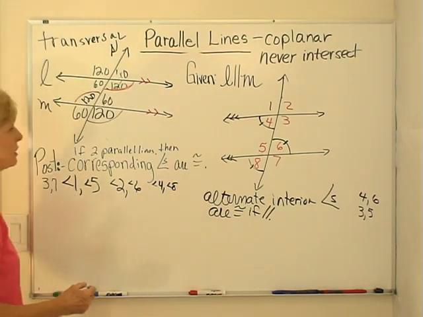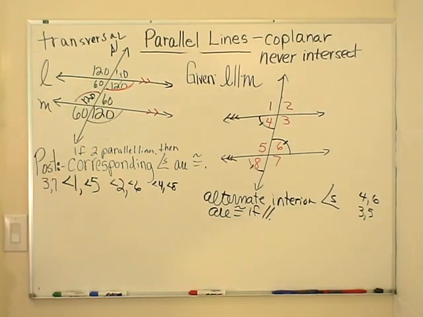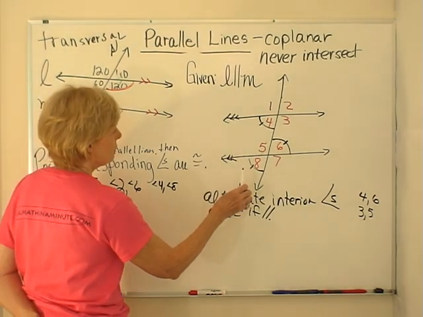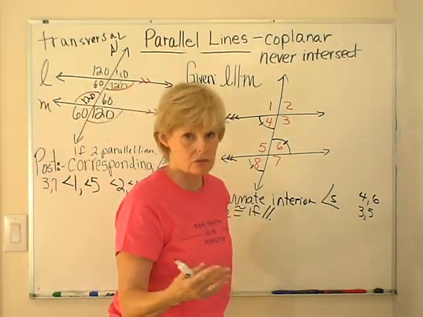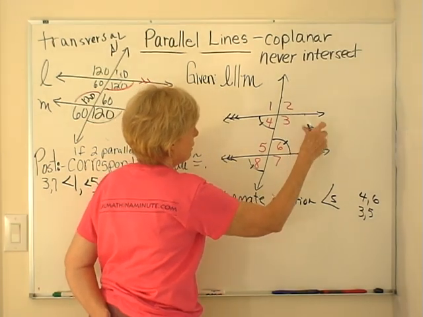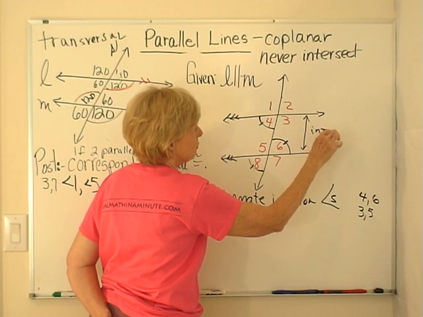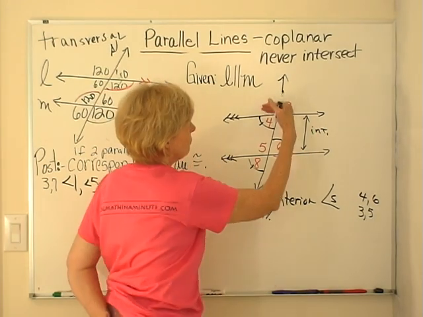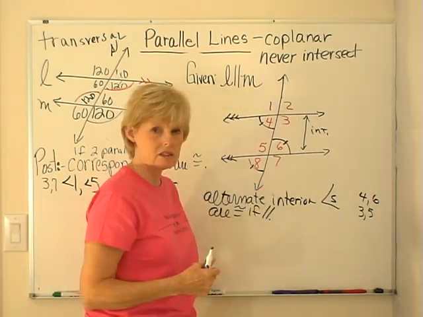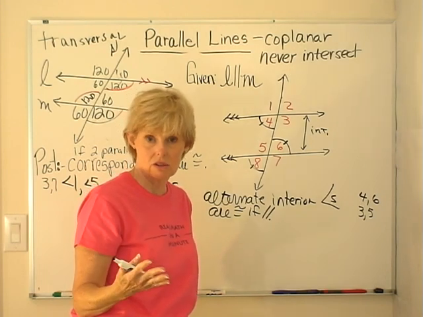Little abbreviation again. Okay, now instead of alternate interior angles, let's look at alternate exterior angles. If the angles in between here are the interior, that's what I mean by interior, then 1 and 2 and 7 and 8, that's what I mean by exterior.